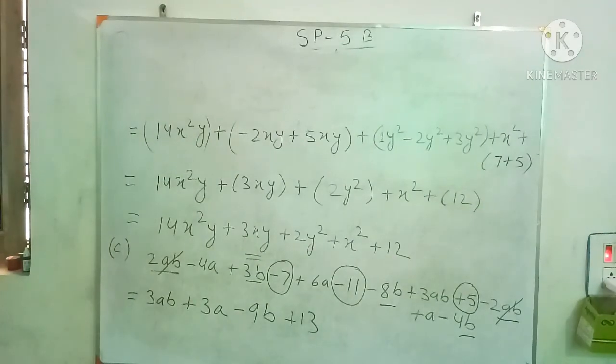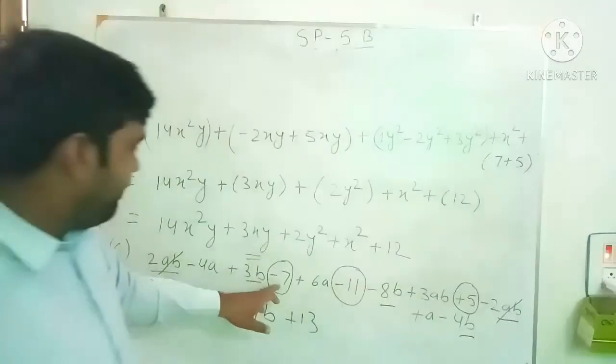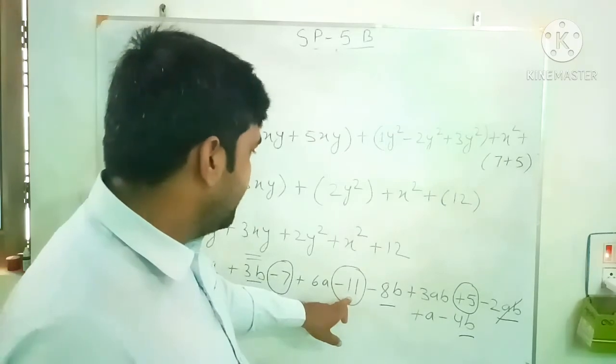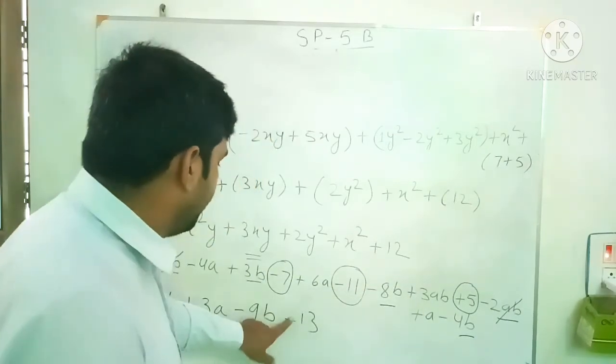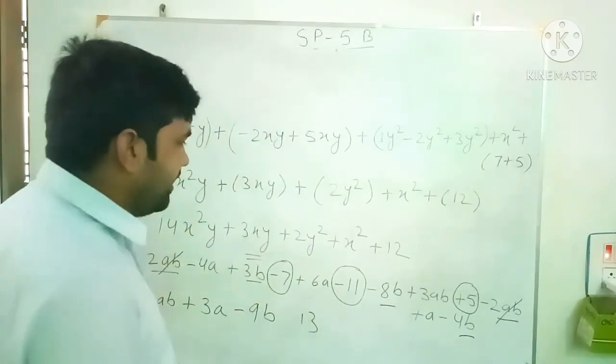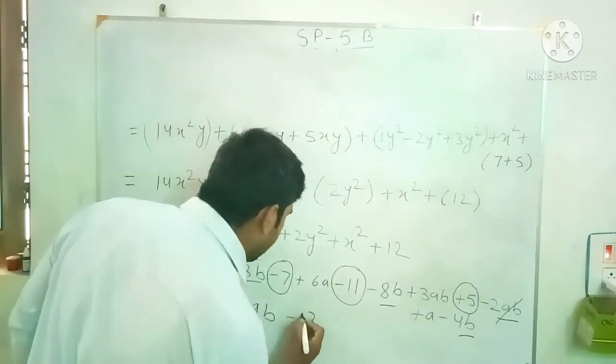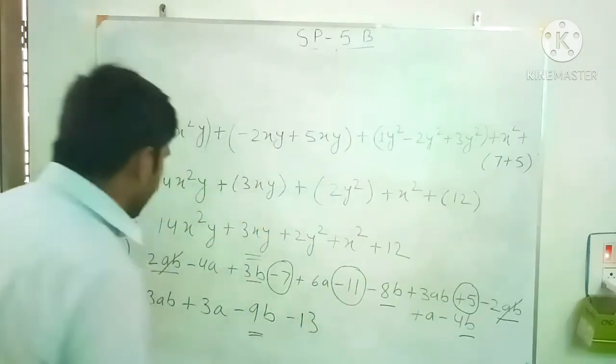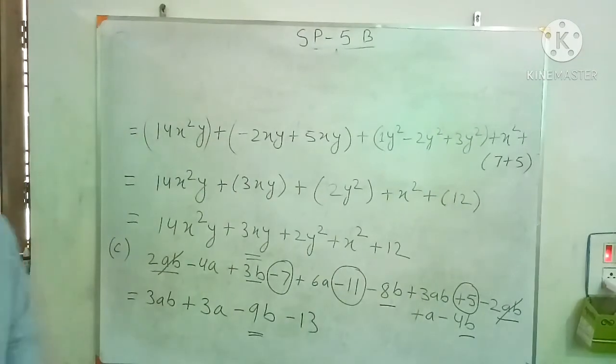Minus 18 plus 5 gives you minus 13. This is the answer. So the answer is 3ab plus 3a minus 9b minus 13.